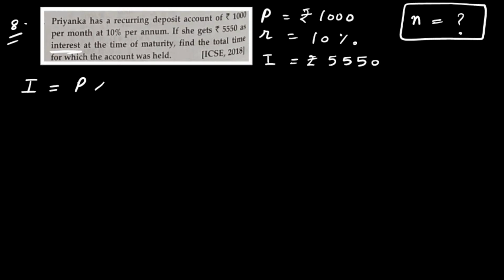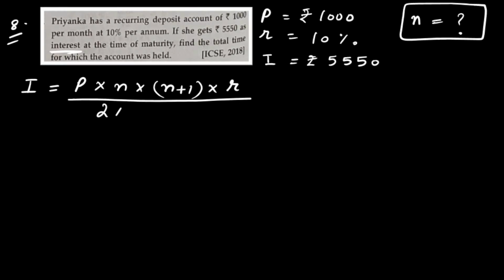I is equal to P into n into n plus 1 into R by 2 into 12 into 100. I's value is 5550. P's value is given as 1000.